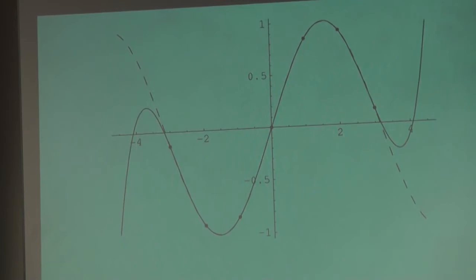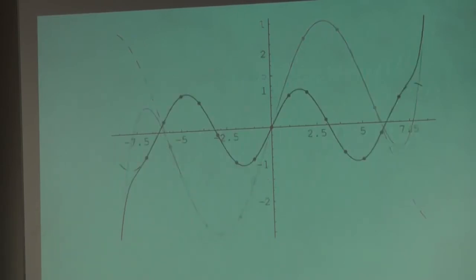We know that a polynomial goes to infinity for x towards infinity, so it cannot be like a sine towards infinity, and to minus infinity the same. But it looks quite nice. We can take even more points, and we get a very nice approximation of the sine function.